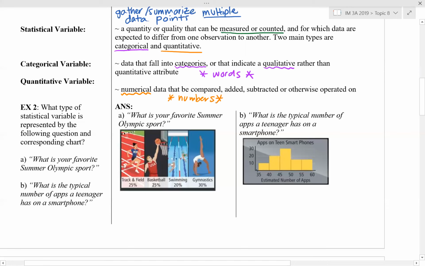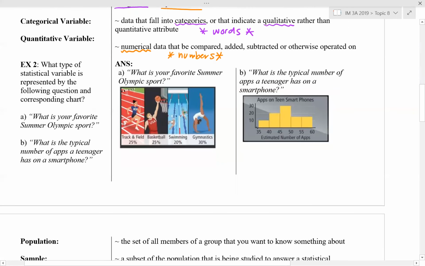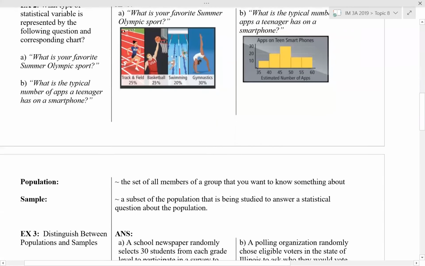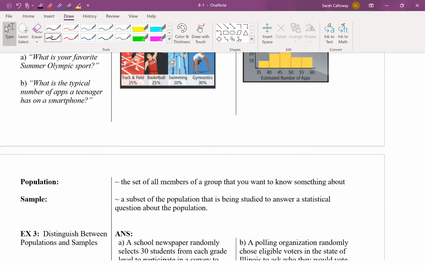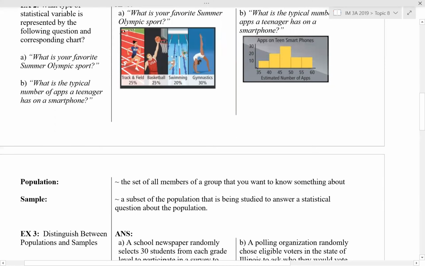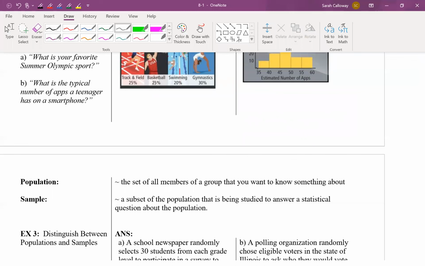So in the next example, we're looking at what type of statistical variable is represented by the question and the corresponding chart. So the first question is asking us, what is your favorite summer Olympic sport? And so notice 25% said track and field, 25% said basketball, 20% said swimming, 30% said gymnastics. And so if we think about this, this is a categorical piece of data.